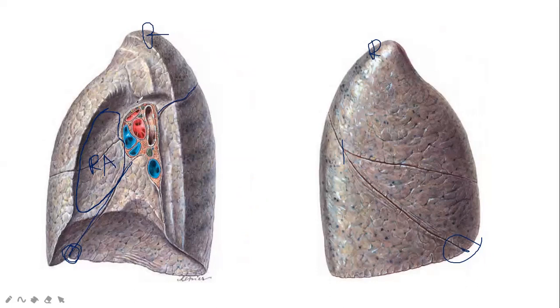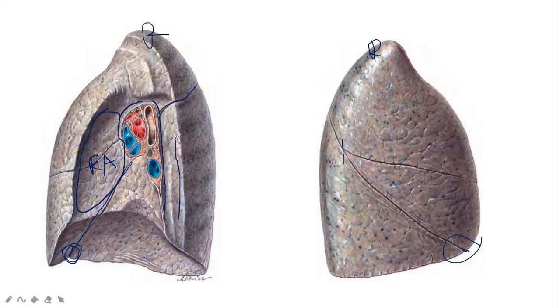And which veins are actually draining into the right atria? We can now see what type of impressions we have there. We talked about a vein that arches over the hilar or the root of the right lung.